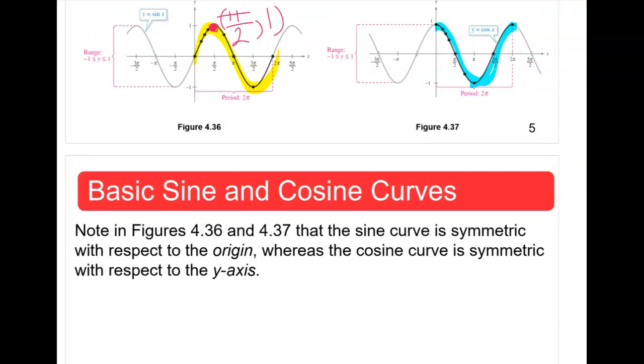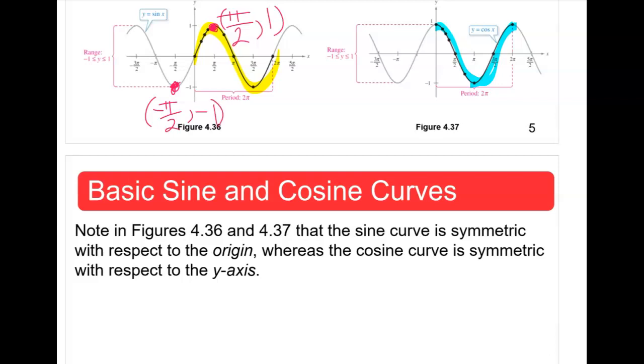If we look at the point reflected across the origin, it will have the coordinates negative pi over 2 and negative 1.